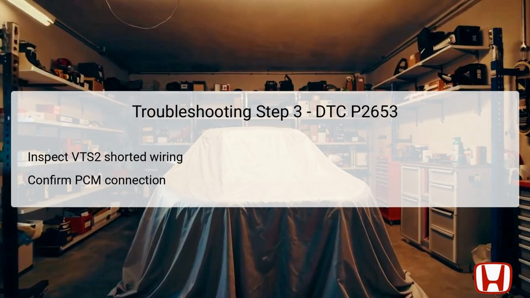After inspecting the rocker arm oil control valve, the next step is to examine the VTS2 wiring for any shorted connections. Before disconnecting the PCM connector, it is vital to jump the SCS service check system line with the Honda Diagnostic System, HDS, and allow a waiting period of more than 1 minute.